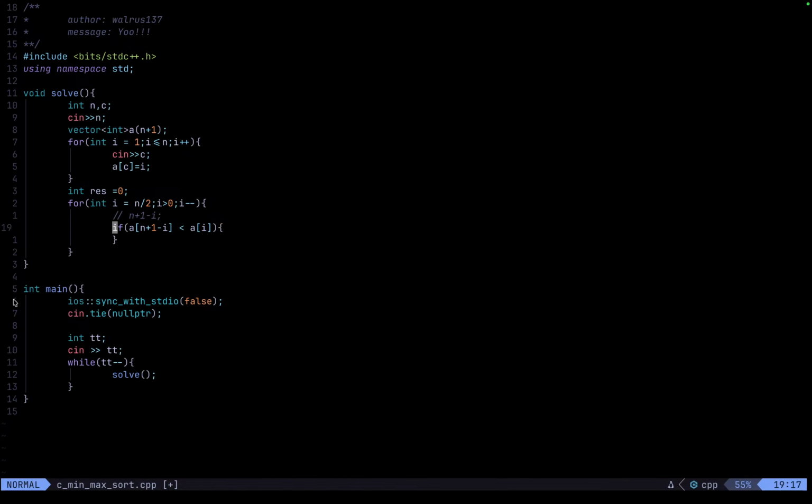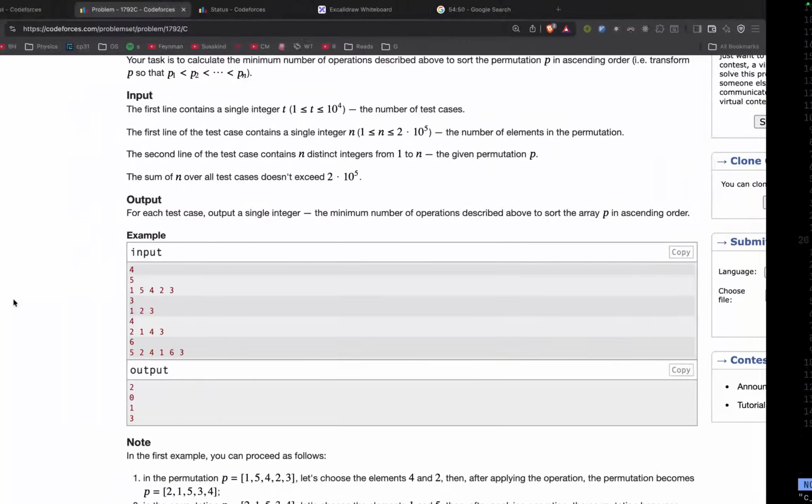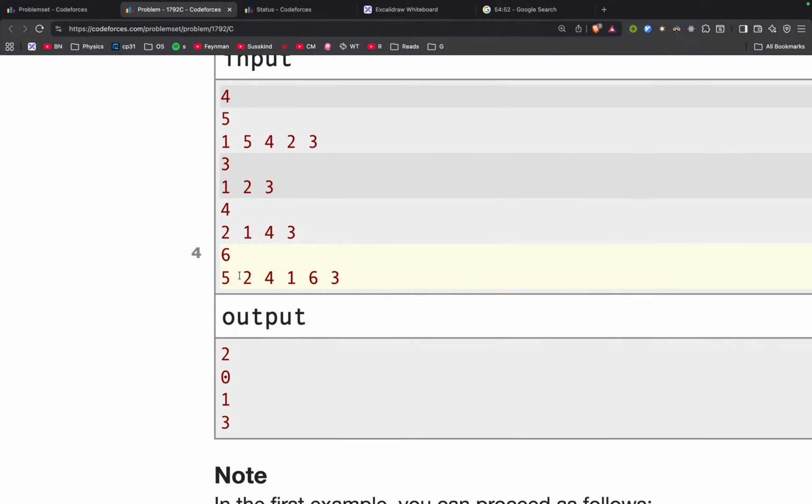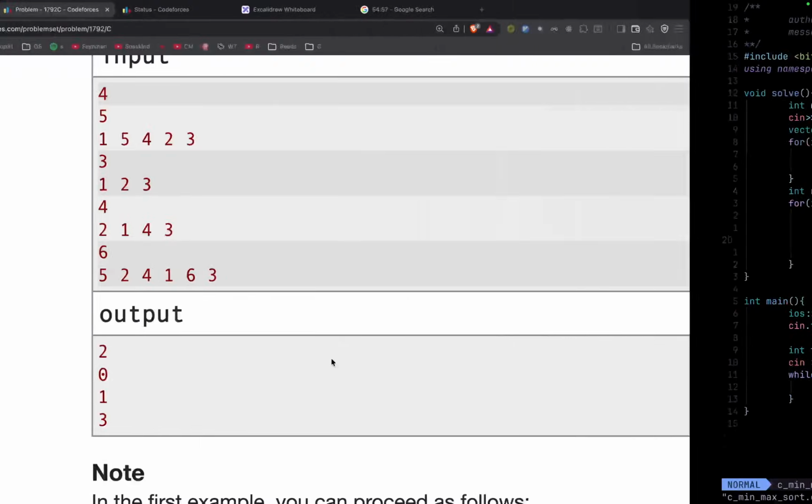Let's first of all just consider that. Then we will do one operation, in which case res would become equal to i. Yes, res would become equal to i.